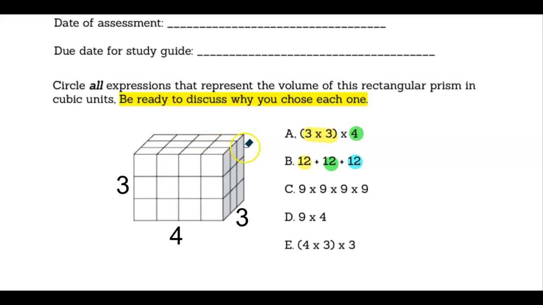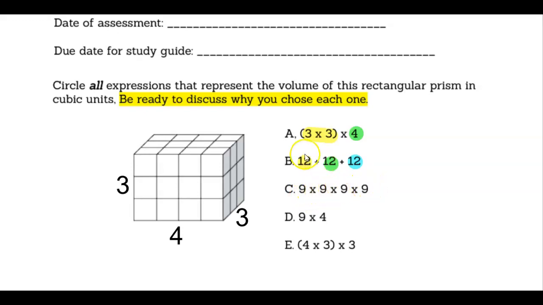Now, as we look at C, you might be like, well, there's 9. And up here, 3 times 3, there was a 9. Okay, so I can get a 9 out of it. But then you have to ask, what are you doing to the other factors? Well, this says 9 times 9 times 9 times 9.